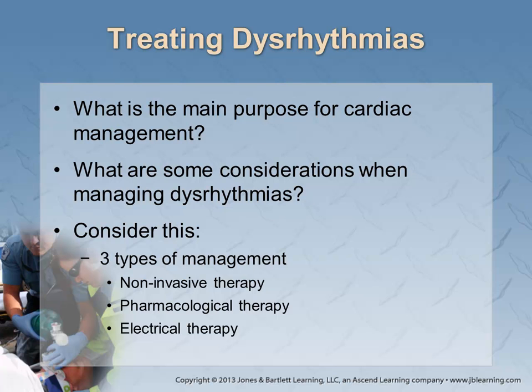It just says, if this is happening, do this. If this isn't happening, check this, then do this. There's 3 basic types of management for cardiac management. That's going to be your non-invasive therapy, vagal maneuvers, monitoring, things like that. You're going to have your pharmacological therapy, and you're going to have your electrical therapy, all right?